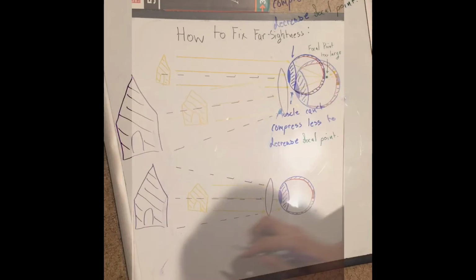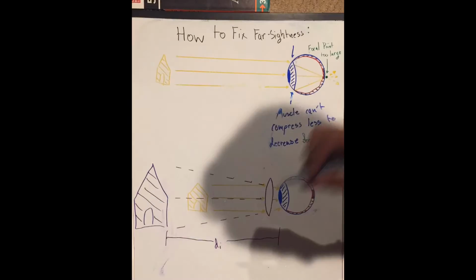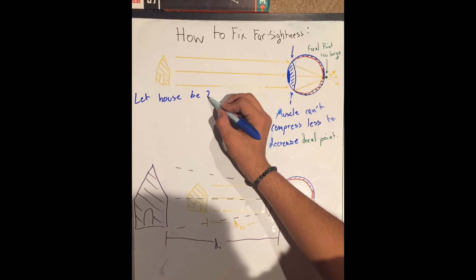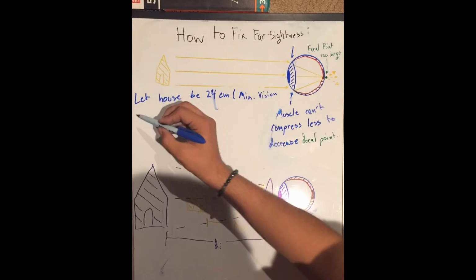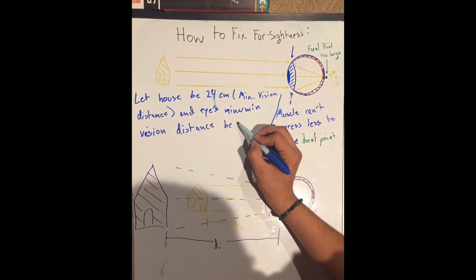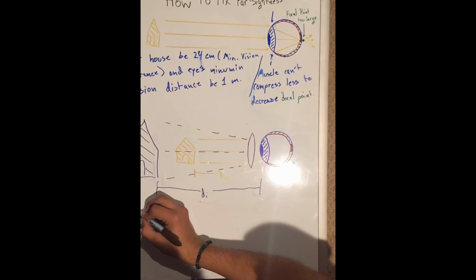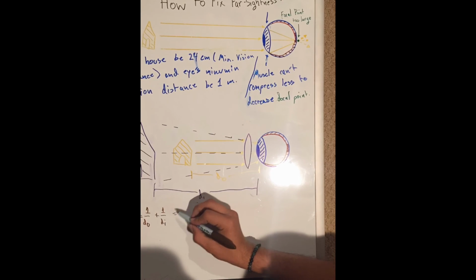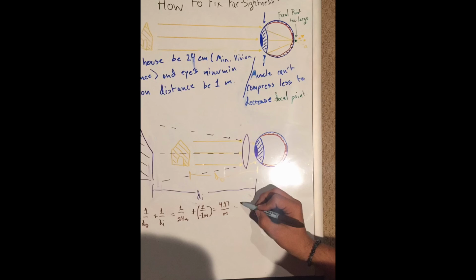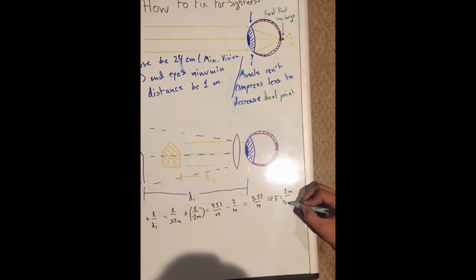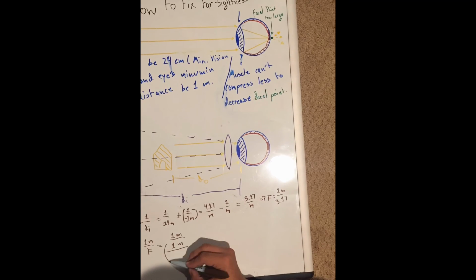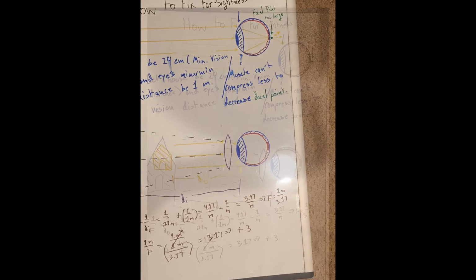As such, using the minimum distance you can see clearly as your image distance, and the minimum distance that a standard person sees clearly, 24 centimeters, as your object distance, you can find the power of a lens using the thin lens equation to find the focal point needed for the lens, and then dividing 1 meter by that focal point in order to find the power, and going to the store to buy glasses with corresponding power.